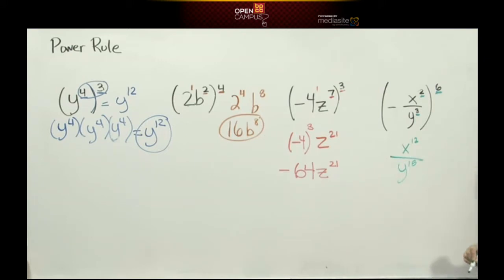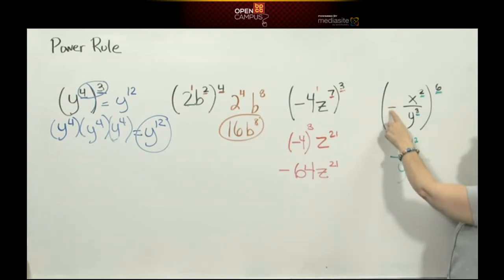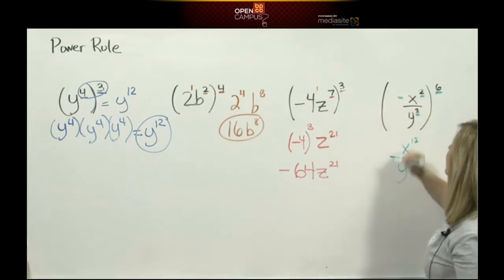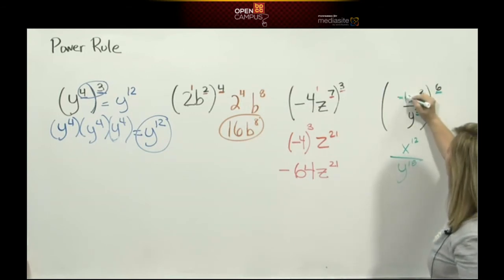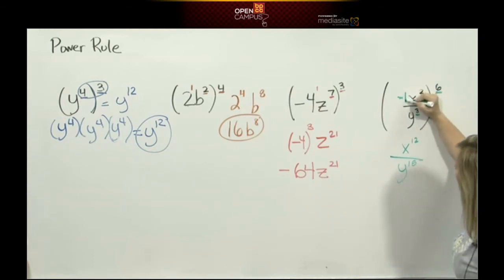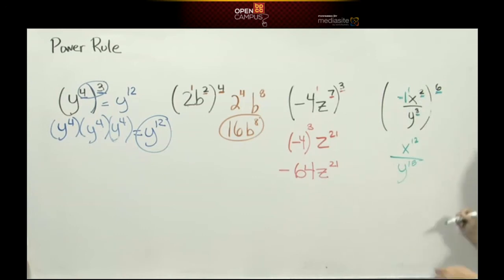Y'all with me? The biggest mistake you forget is to do this symbol. This negative belongs where, guys? That's right. It really belongs to the numerator. And it's really the coefficient of negative 1. We have to take negative 1 and do it 6 times because remember, that's a number. It has an invisible exponent of 1.